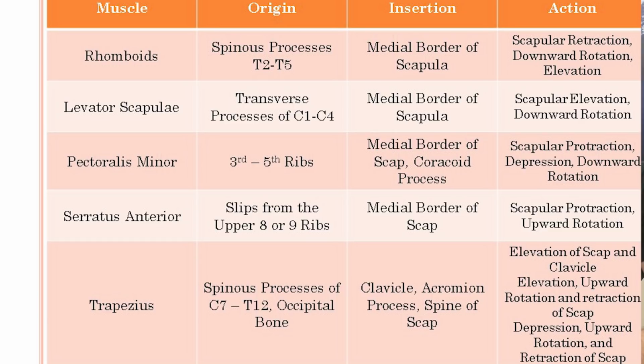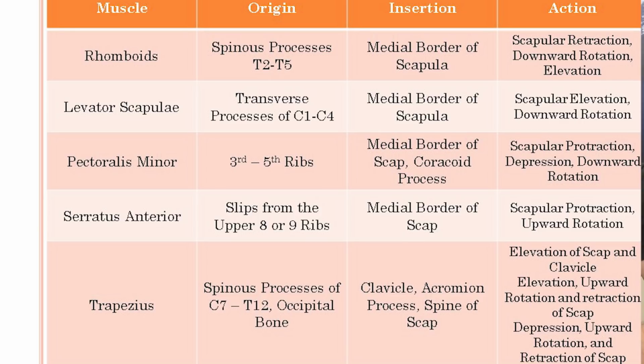But unfortunately, in order to benefit from that information, we have to be able to identify all of these anatomical structures and landmarks, which can be challenging. If you haven't taken an anatomy and physiology course before, some of this might be a little overwhelming, and that's okay, don't worry about it too much. We've also given you the short Reader's Digest version on the side where it says action. For each muscle, we have the origin and insertion, and then we have a description of what actions it can do.